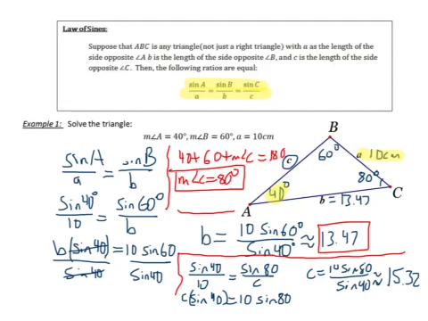And so now we have solved the triangle. We found all the missing sides and all the missing angles. So that's how we use the law of sines to find missing sides. Next, we'll see how we can use it to find missing angles.